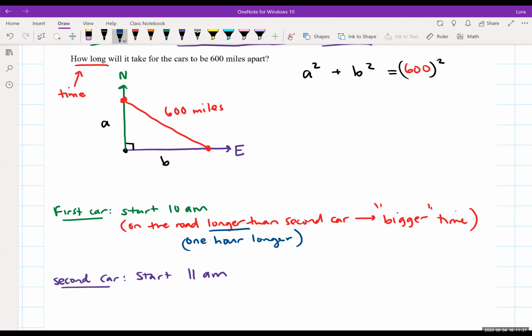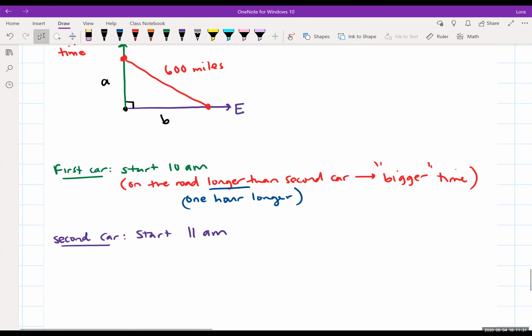So a lot of times they're not really being clear, but I can actually figure out the times. We don't have clear hours, but if I don't know how long the second car has been on the road, we can call this x. So x equals the time the second car has been on the road.